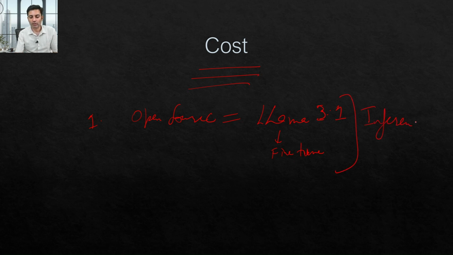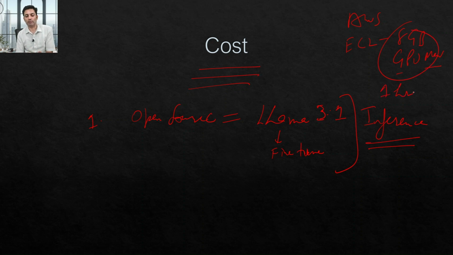Inference means when you take the model and deploy it on some infrastructure, which is a GPU machine, then we incur the cost. That's called inference. So a very simple example: if I take an AWS EC2 machine with, let's say, 8 GB of GPU memory, then whatever is the cost for 1 hour, that is the cost I'm going to pay for using this model.